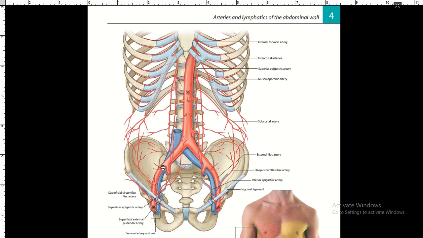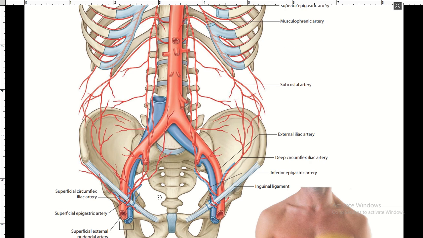And then if we get to this external iliac artery, it goes behind the inguinal ligament and becomes the femoral artery. Before it becomes the femoral artery, it's going to give two deep branches. Let me zoom a little bit.